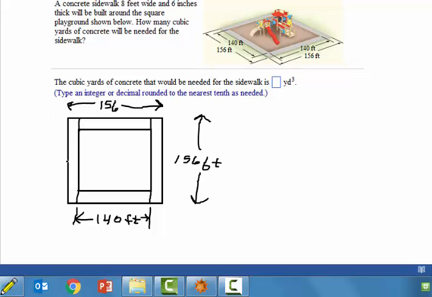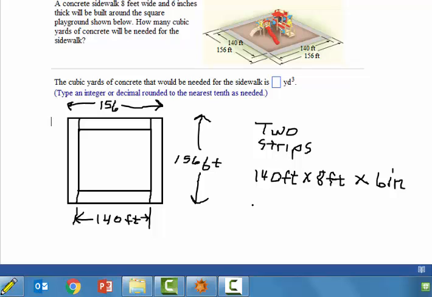We're told that the depth of the concrete is going to be 6 inches. And we basically see that we have 2 strips that are 140 feet by, a lot of time we use this cross to mean by, 8 feet by 6 inches.